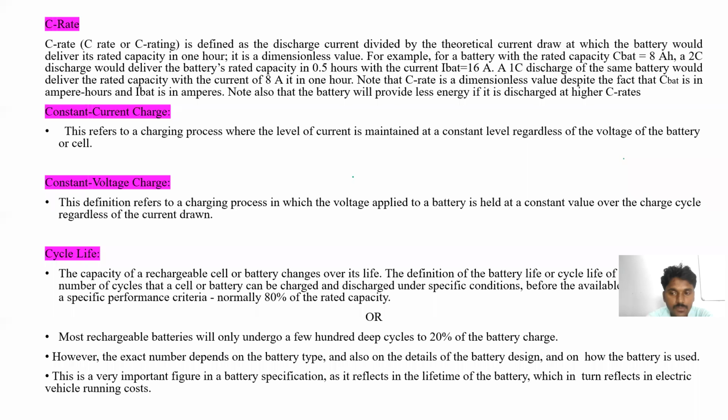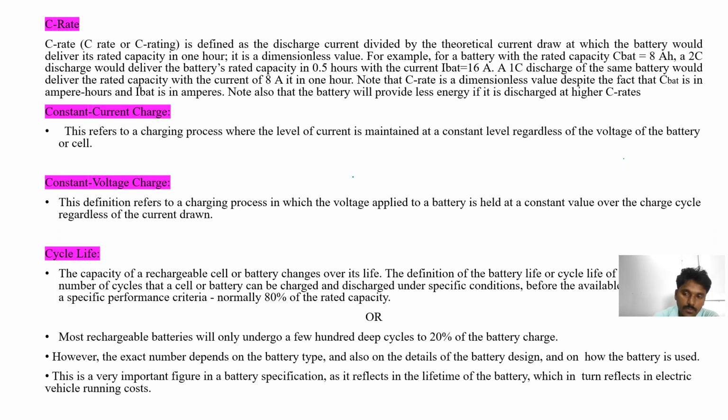Next, constant voltage charge. It is the same idea: the battery is charged with a constant voltage throughout the time, irrespective of the current and the load. That is called constant voltage charge.